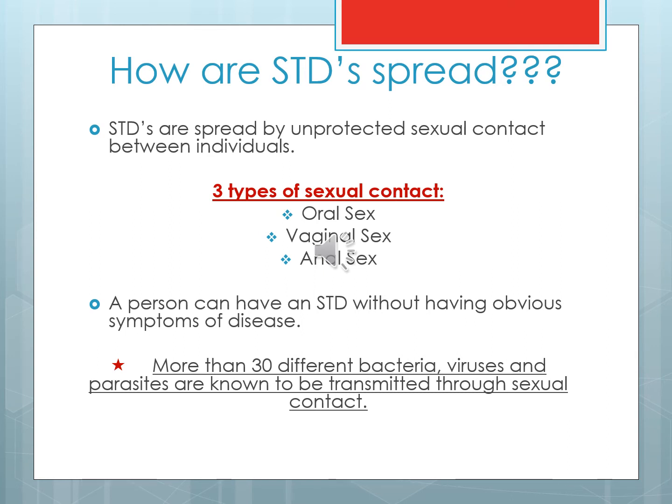Oral sex, vaginal sex, and anal sex can all spread STDs if performed unprotected. A person can have an STD without having obvious symptoms of the disease. This is very common with male patients. There are more than 30 different bacteria, viruses, and parasites known to be transmitted through sexual contact.